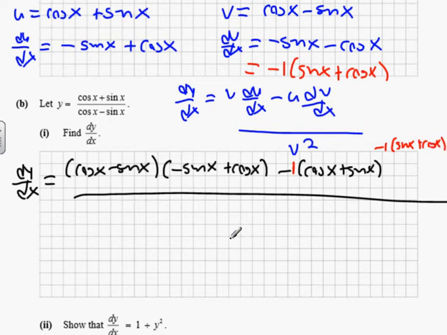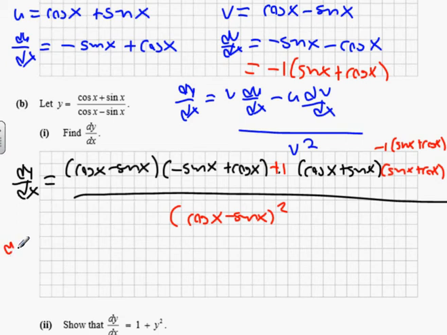Now, if you have minus 1 multiplied by, let's say, 5, multiplied by another minus 1, the two minus 1's can interact to make plus 1. So I'm going to do the same trick here. That's going to turn into a plus 1. And that's going to be just cos x. That's going to be another sine x plus cos x. And it's all going to be over v squared, which is going to be cos x minus sine x squared.